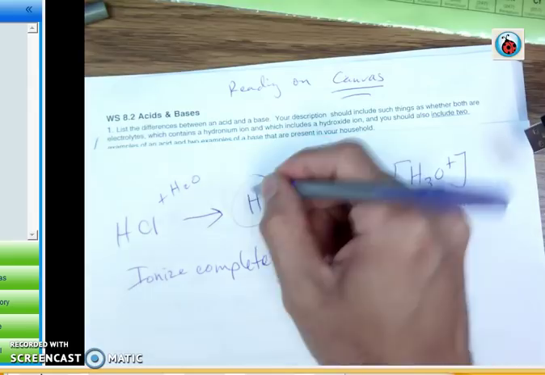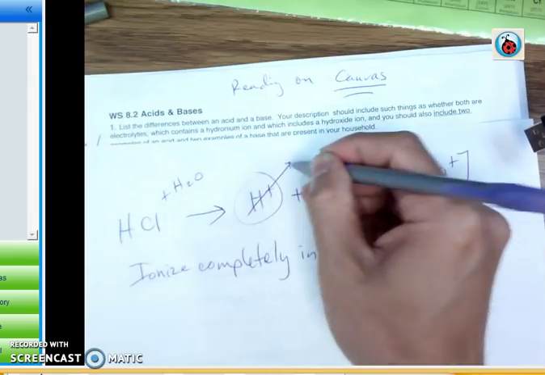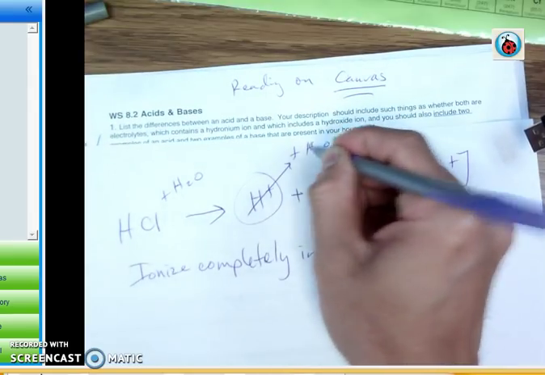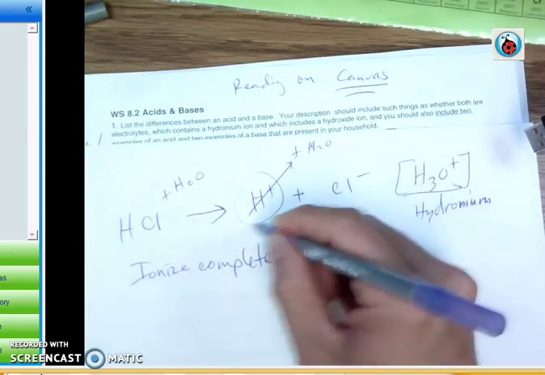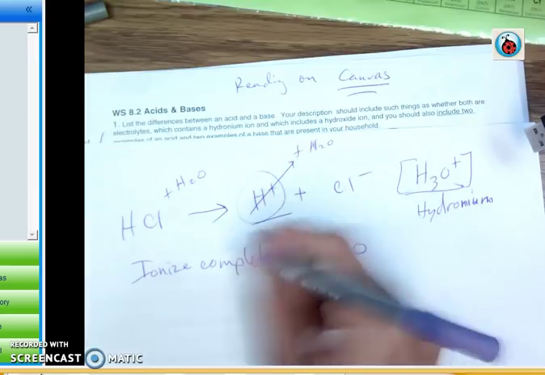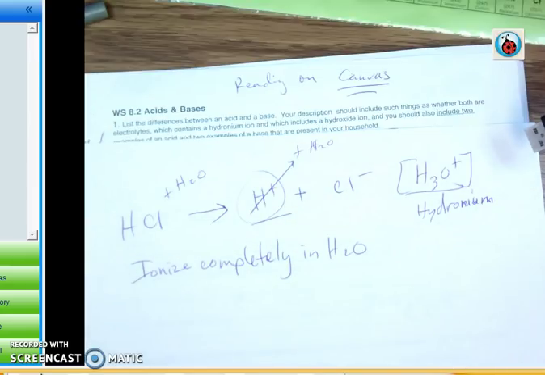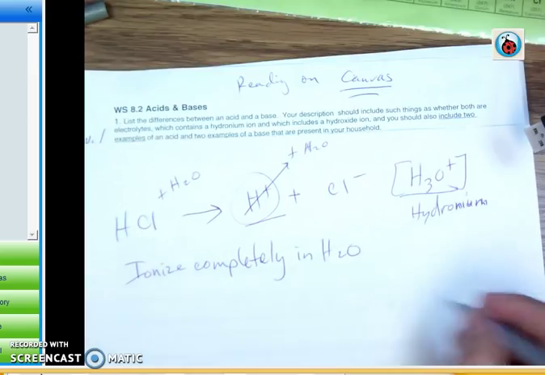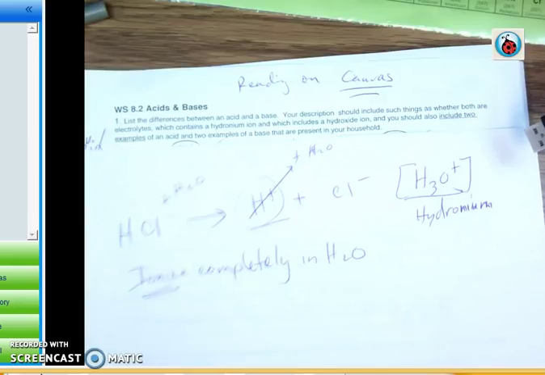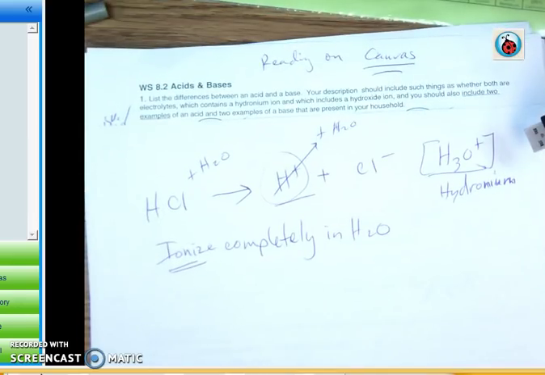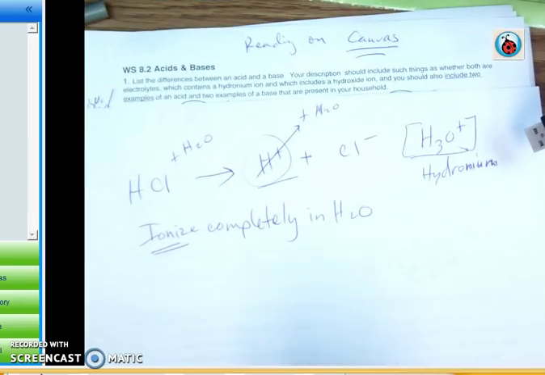This is a hydrogen, because in water it's going to add to H2O and form that hydronium ion. So you see these are interchangeable. Sometimes you see the concentration of hydrogen and the concentration of hydronium. They're the same thing. Okay? And so with strong acids, they split up completely, ionize completely, dissociate completely. Those are some words that you might see interchangeably there.